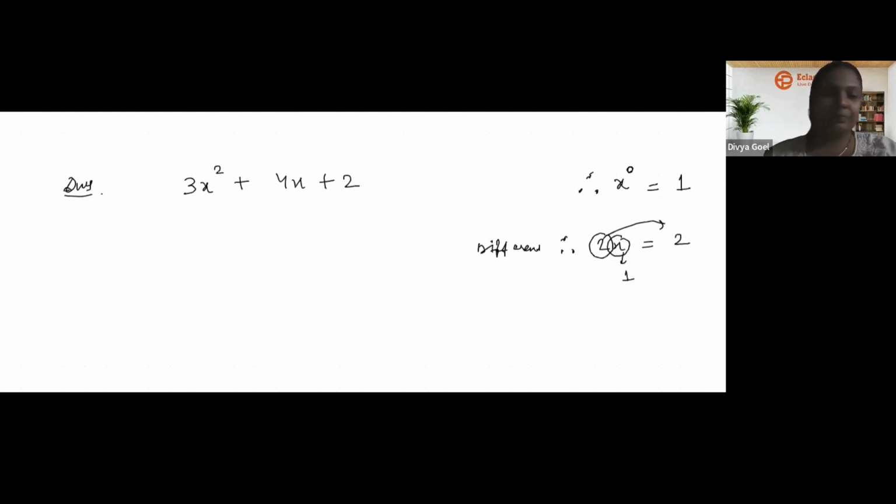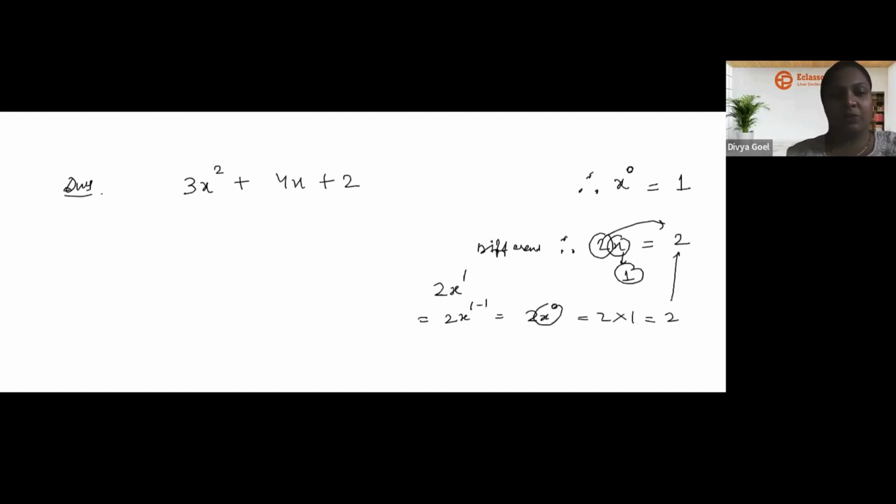Okay. I can explain it also, like 2x. Like if we are taking the power 1, so it will be 1 minus 1, 0. Any number having the power 0, I told you its value is 1. So 2 multiplied by 1 is 2. Simple.